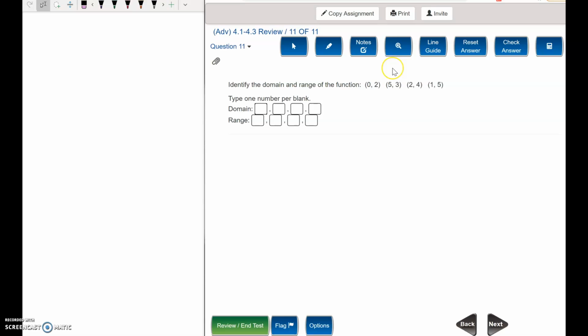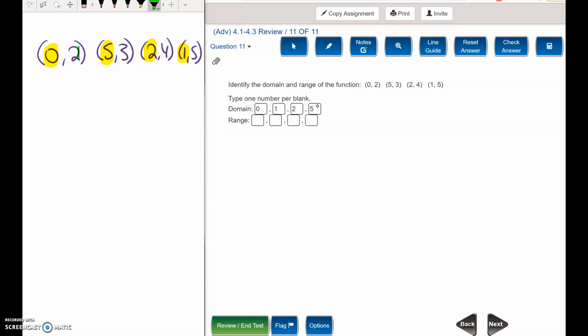So the x values I see are 0, 5, 2, and 1. If you put them in 0, 5, 2, 1, you would get them correct.